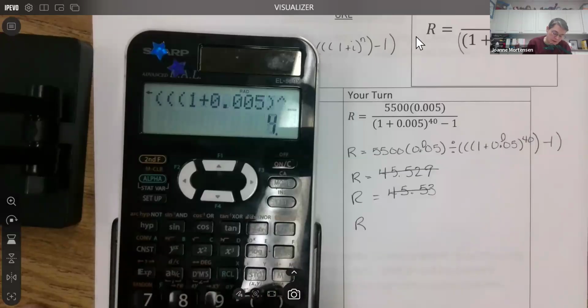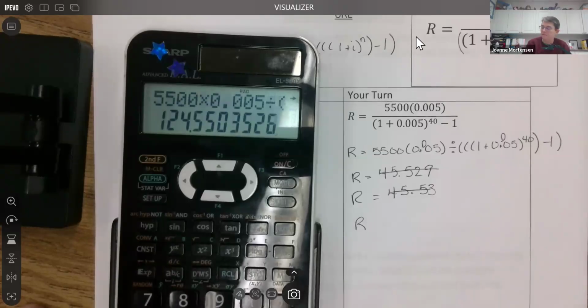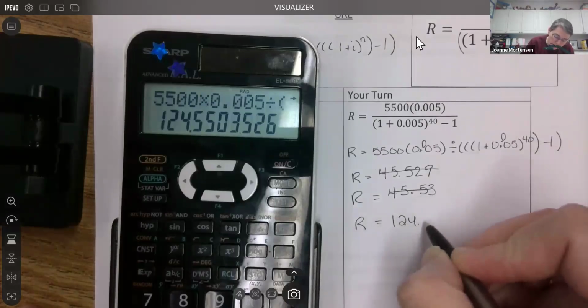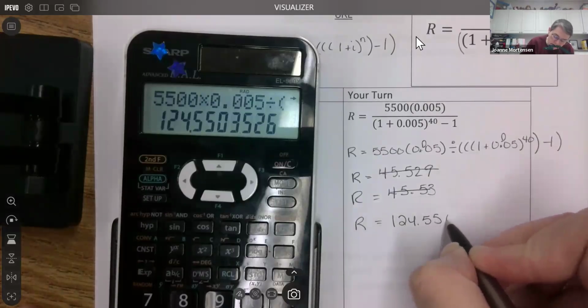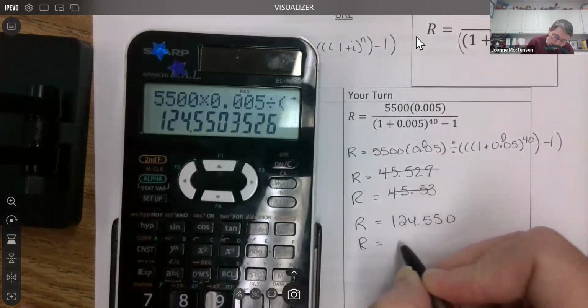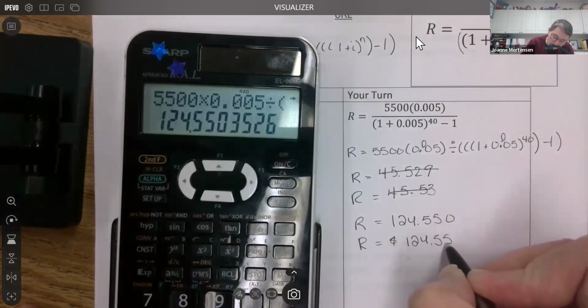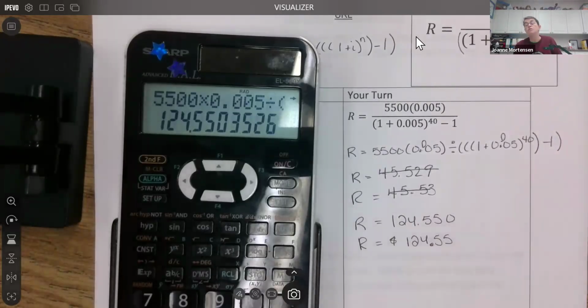Exponent 40. Close that bracket, minus 1, close that bracket, bam! Yeah, there we go. 124.550. 124.5. All right. Feel much better.